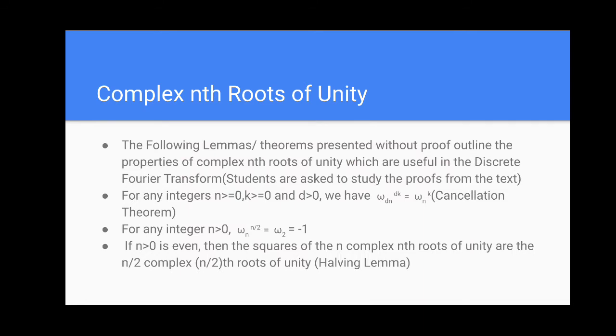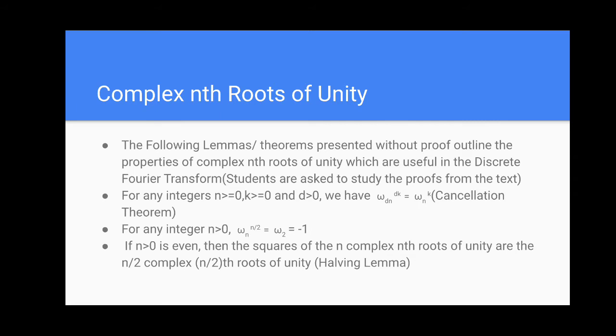The following lemmas or theorems, presented without proof, outline the properties of the complex nth roots of unity, which are useful in the discrete Fourier transforms. Students can study the proofs from the textbook. For any integers n greater than or equal to 0, k greater than or equal to 0 and d greater than 0, we have omega dn to the power of dk is omega n to the power of k, and this result is also referred to as the cancellation theorem.